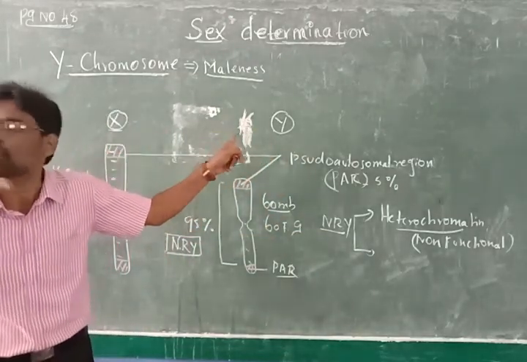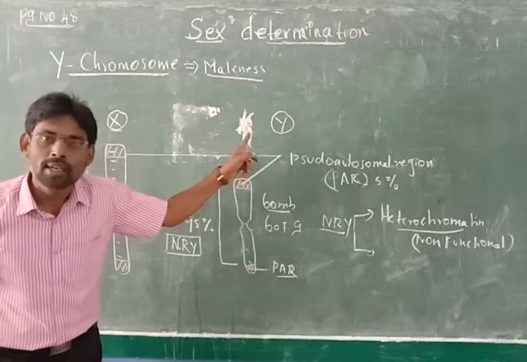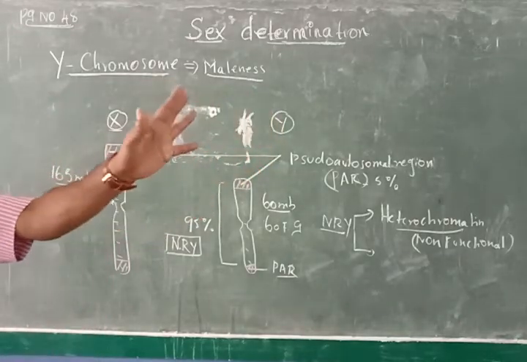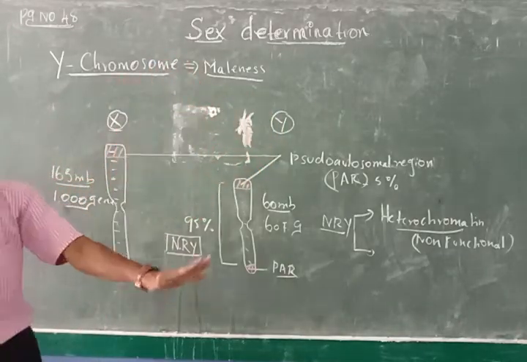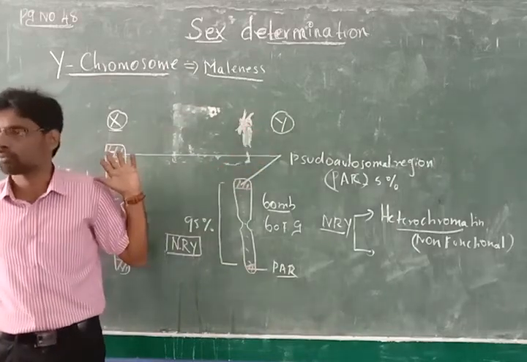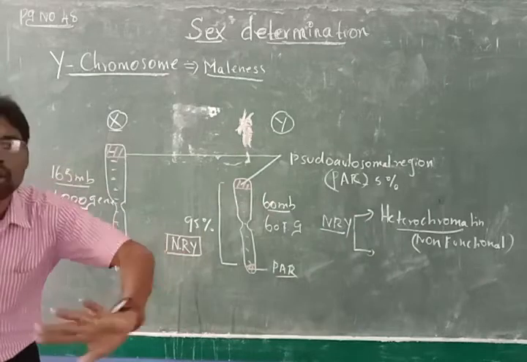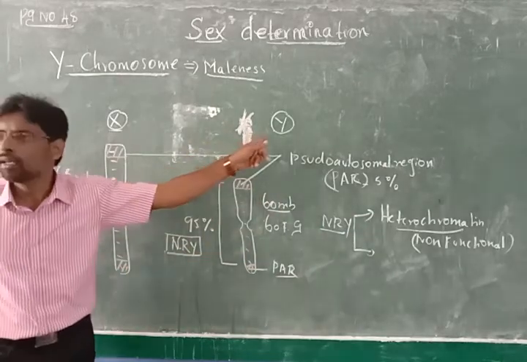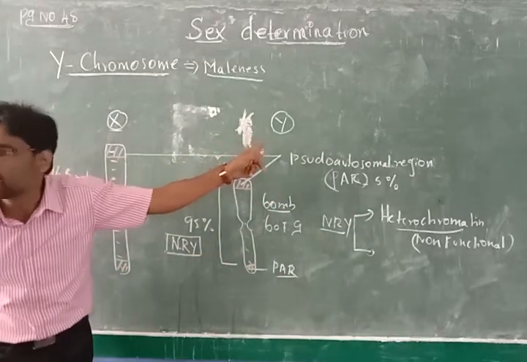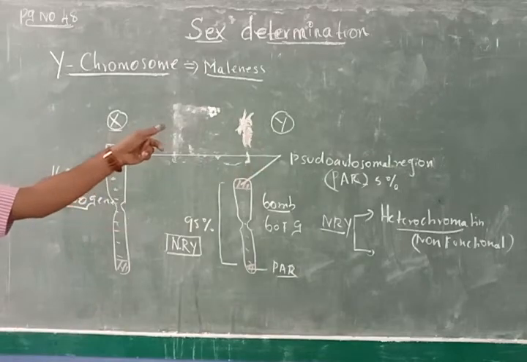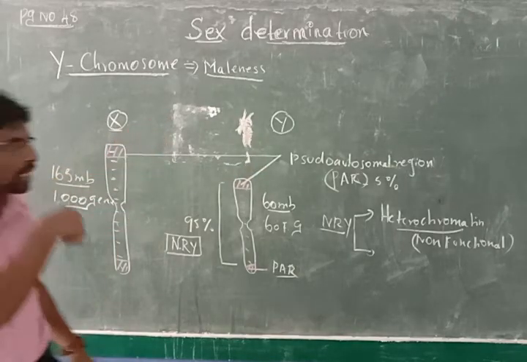What is the function of the Y chromosome? It has to decide the sex of the male. Maleness is decided only by the Y chromosome. So that means heterochromatin in the NRY region will not be involved in deciding the maleness. This much you are clear? Right. So what is the other region?